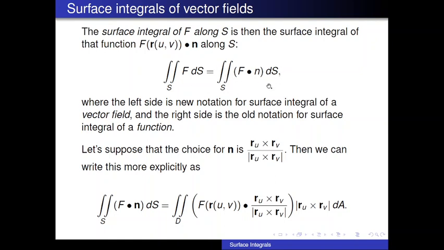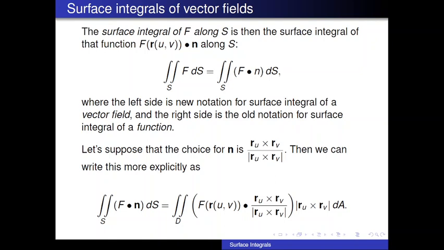So you can write that like this, where this left side notation is new notation for the surface integral of a vector field, big F, and this right side notation is the still abstract notation for the surface integral of this function, big F dot n. And that n should be bold. Oops, sorry about that.